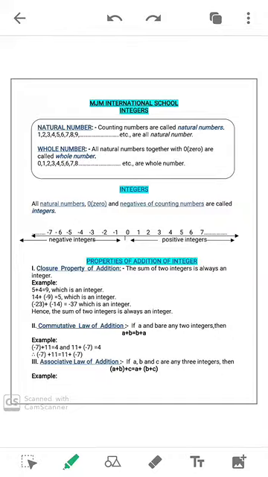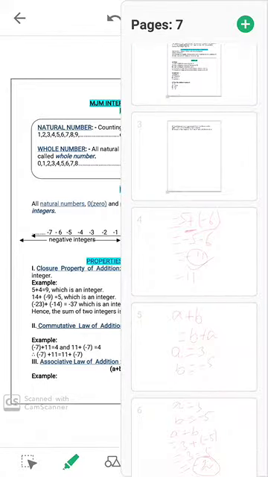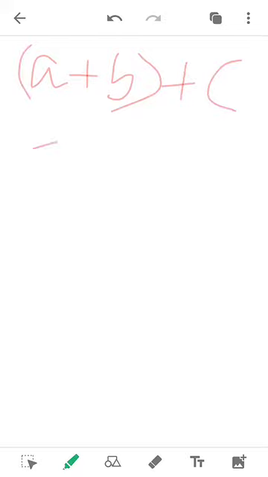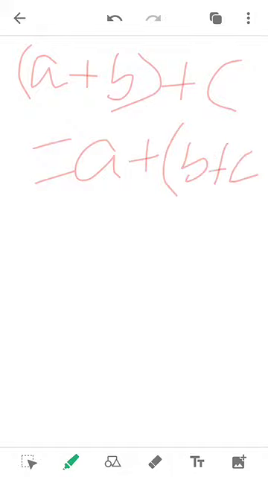Now third, associative law of addition. In this property, we get a result that a plus b plus c is equal to a plus b plus c, grouped differently.